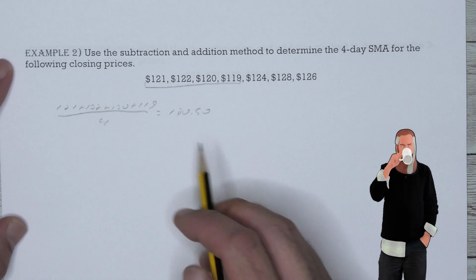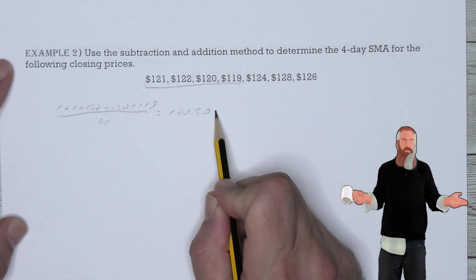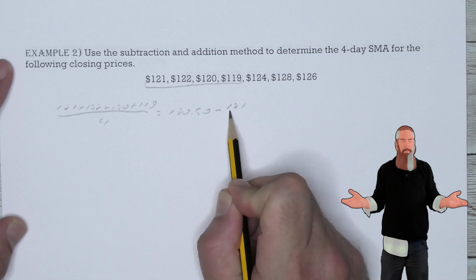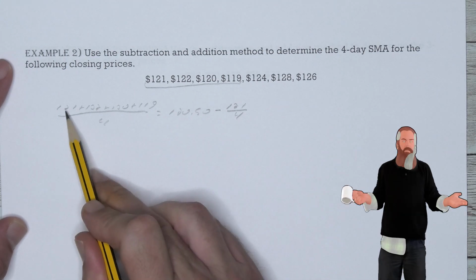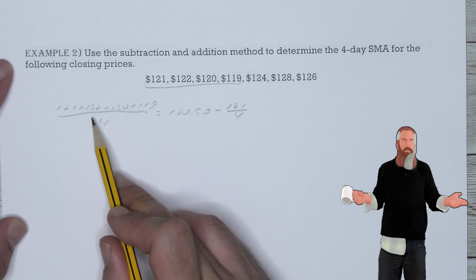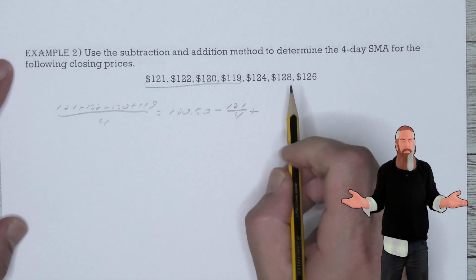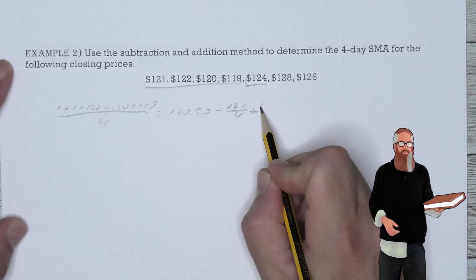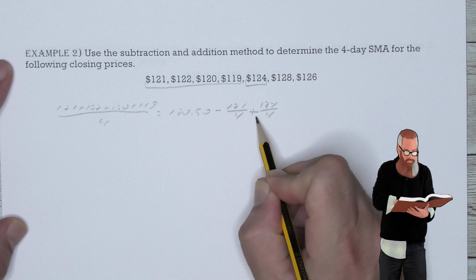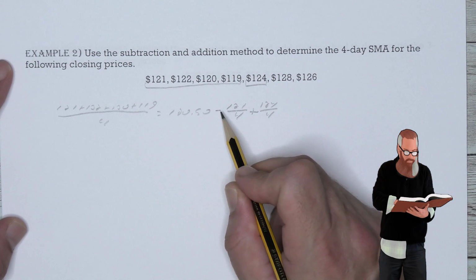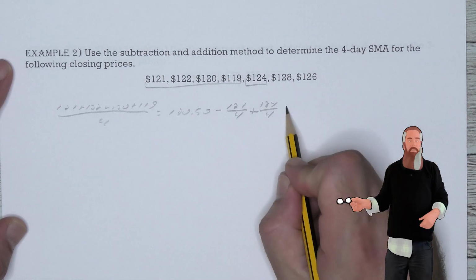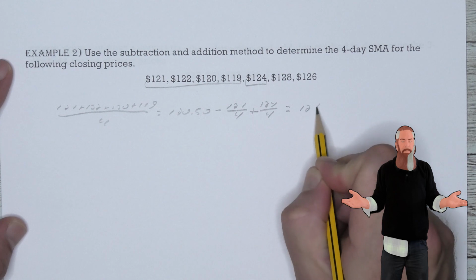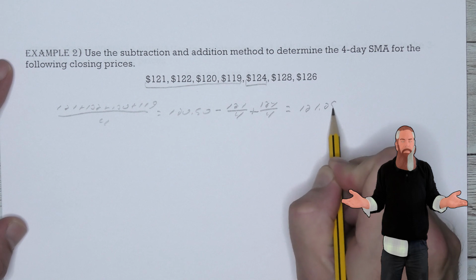Now, if we want to subtract that 121, we're subtracting 121 over 4 because we're actually subtracting it from this average. We're also going to add in the new 124, which is 124 over 4 because we're adding it in as an average. And when we do this, we're going to get 121.25.